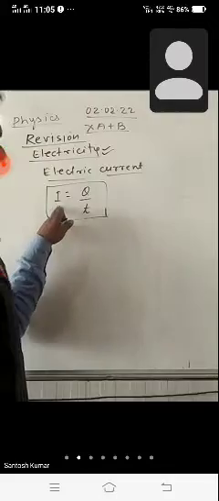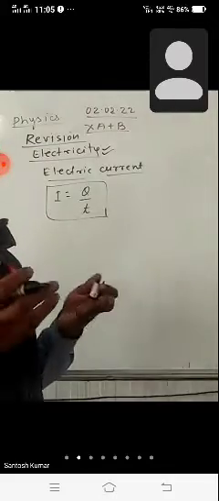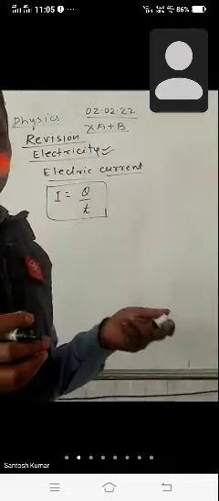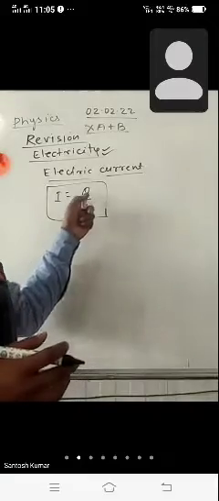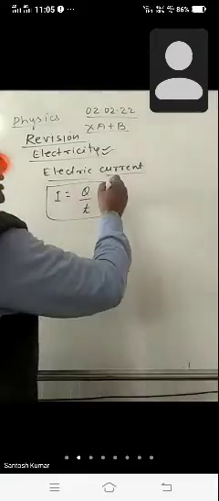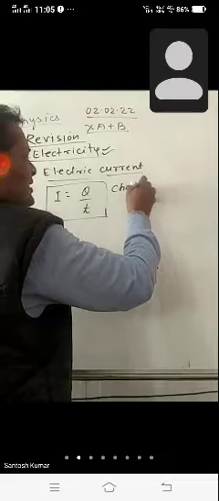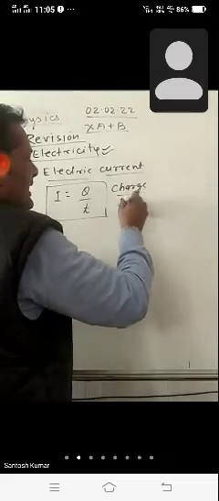Just see, I is equal to Q upon T. This is the formula to get the magnitude of the current. What is the amount of the current flowing in the circuit? How can it be calculated? By using this formula. Of course, Q is the amount of charge flowing per unit time.